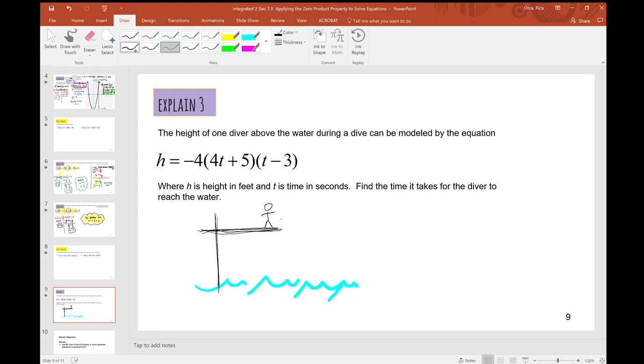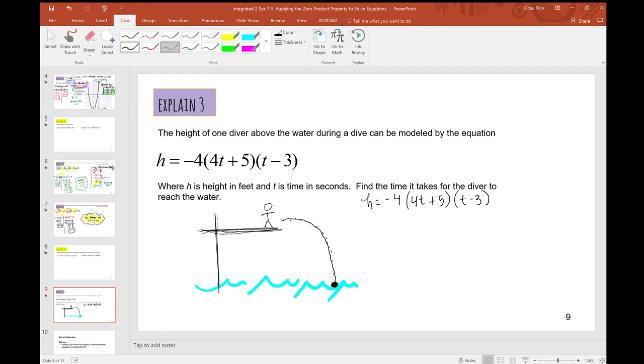And he's jumping off the diving board. And we want to figure out how long it'll take for him to reach the water. And to find that, we need to use the equation h equals -4 times (4t plus 5) times (t minus 3). H is going to represent the distance between the water to where the diver is at.